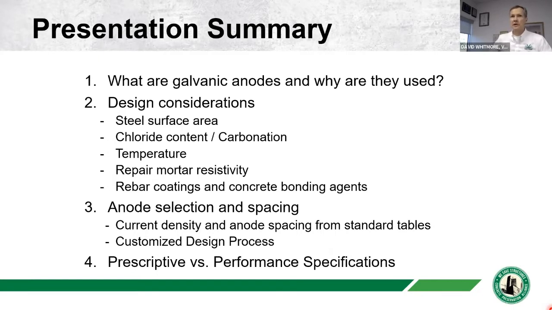Second, which is going to be one of the main technical portions, is design considerations and some of the different things that should be considered when you're looking at an anode design, particularly if you're designing for long-term performance. Number three, talk a little bit about anode selection and spacing. That will pretty much flow out of the design considerations portion of the presentation. And then at the end, I'd like to talk a little bit about prescriptive versus performance-based specifications.